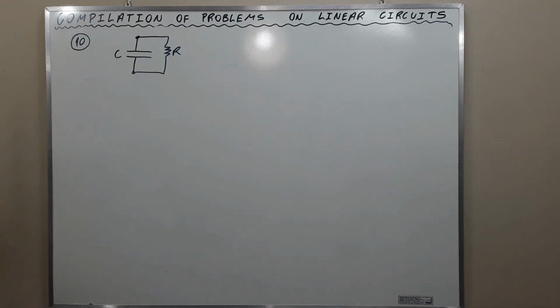A 100 microfarad capacitor is initially charged to 100 volts. We want 90% of the initial energy to remain after 1 minute. What is the limit on the leakage resistance for this capacitor? Okay, my friends, this is the question. Let's go to the solution.